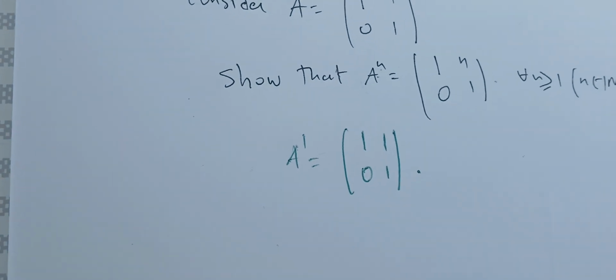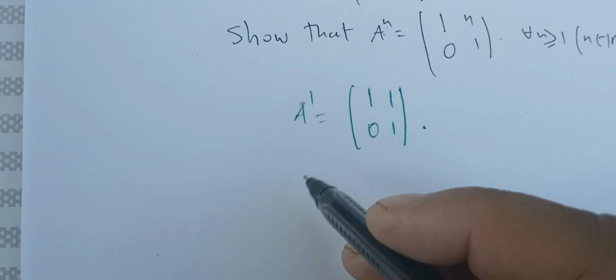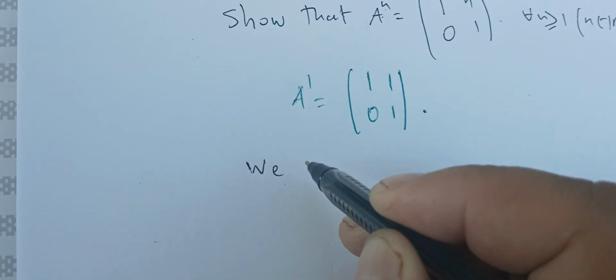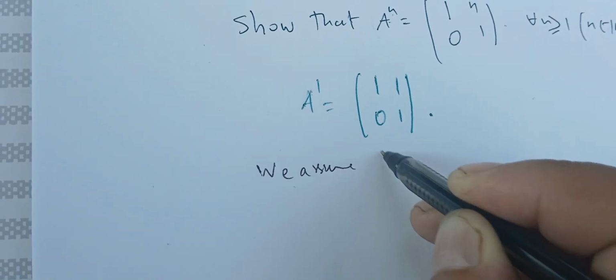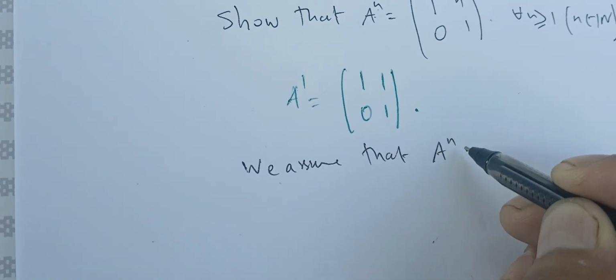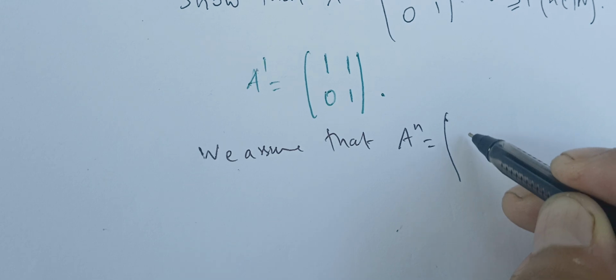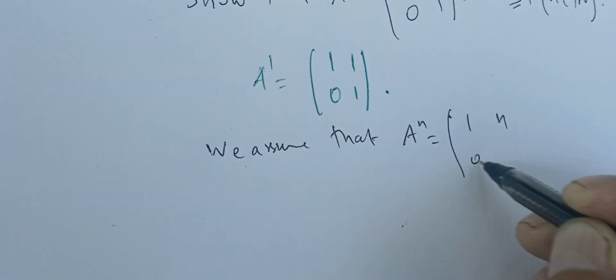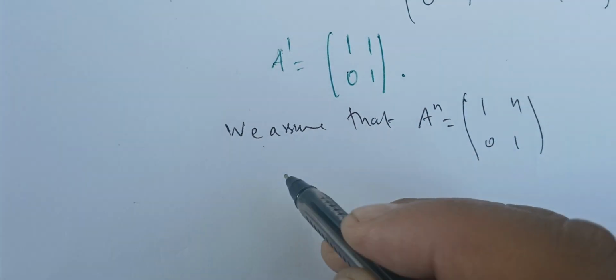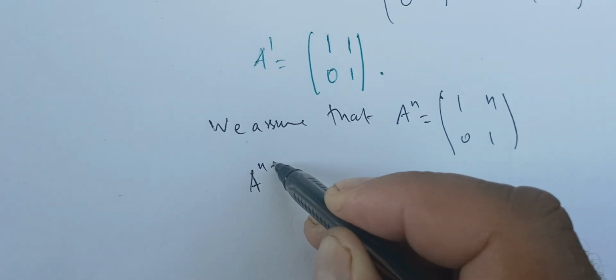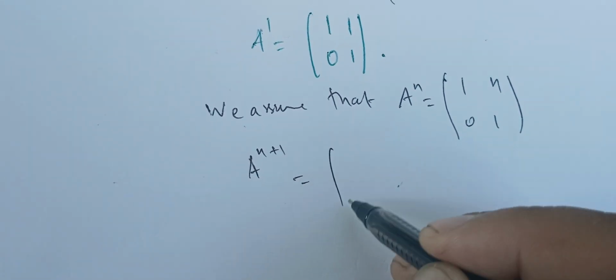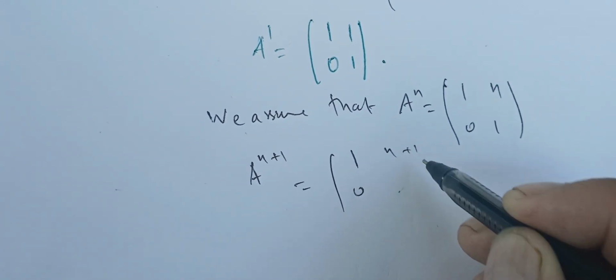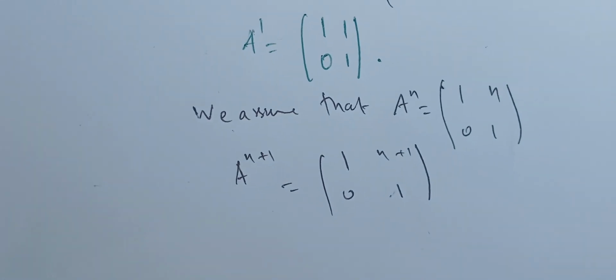Next, we assume that we have the following: A to the power n is 1, n, 0, 1. And we need to prove that A to the power n plus 1 is 1, n plus 1, 0, 1.